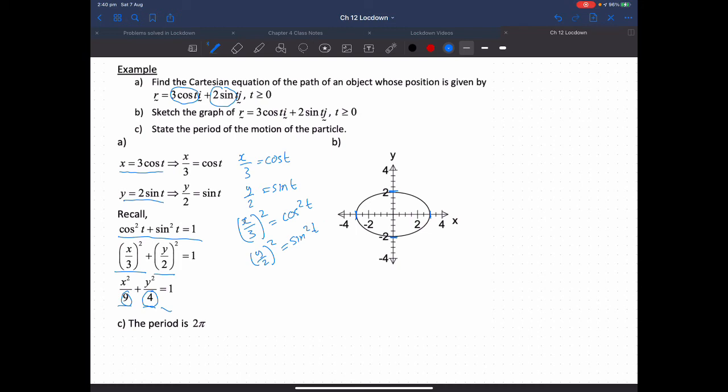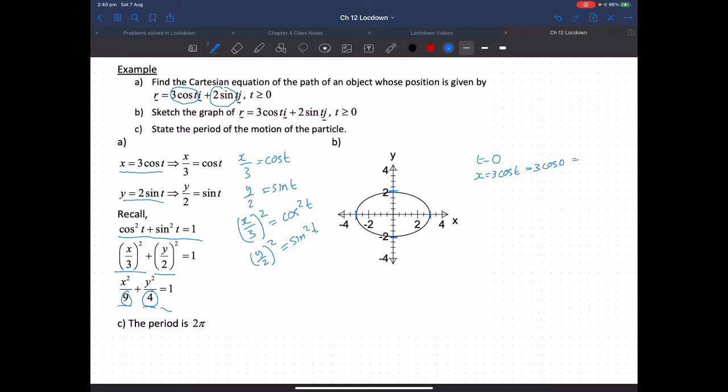What I haven't considered here is where the particle actually starts. I'm not asked for that in the question, but it is worth looking at. When t is equal to 0, I have x is equal to 3 cos t. So 3 cosine of 0.